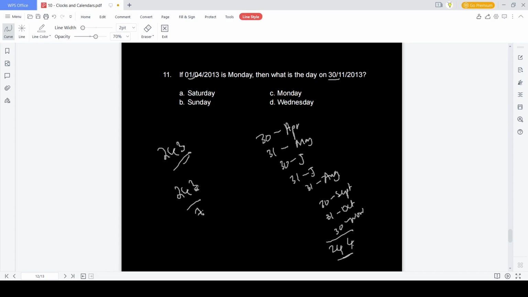This remainder comes as 5. If 0 is the remainder, it is Monday. Similarly, if 6 is the remainder, it is Sunday. So if 5 is the remainder, it's a Saturday. So on 30th November 2013, it's going to be a Saturday.